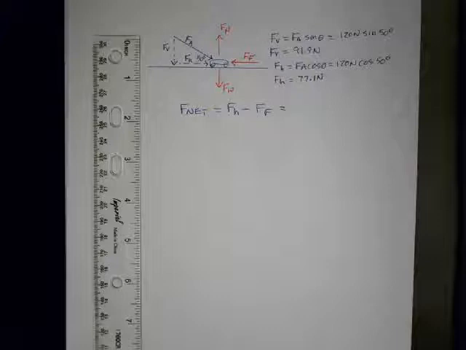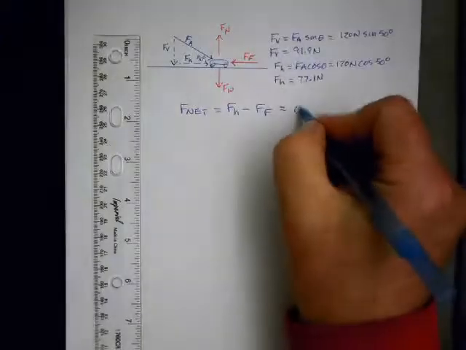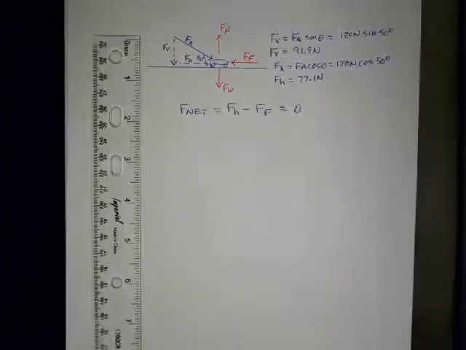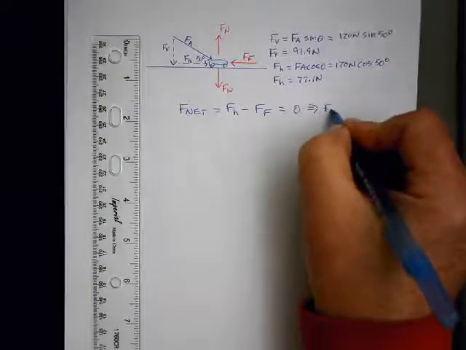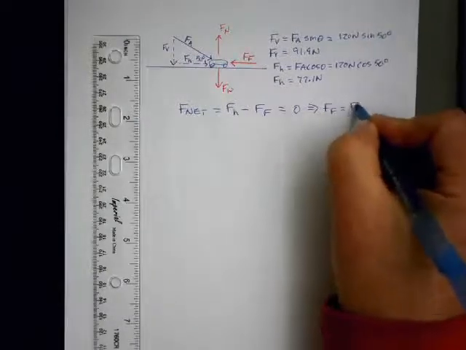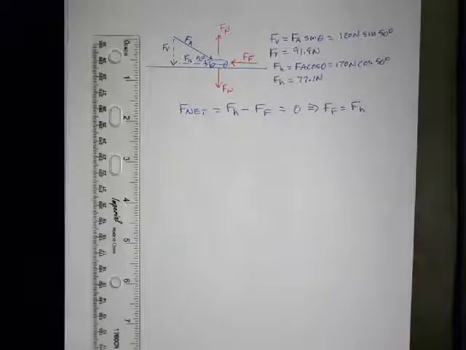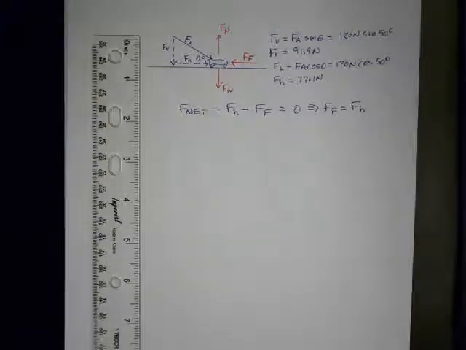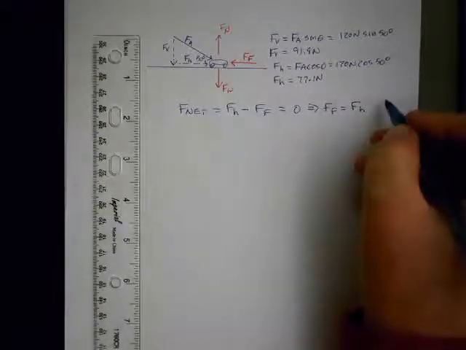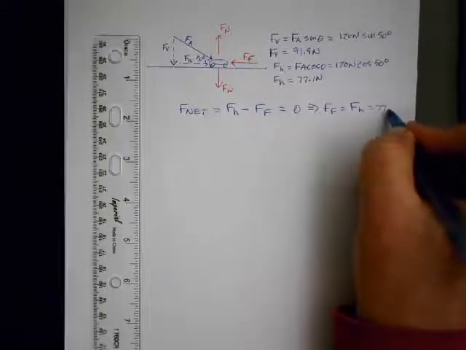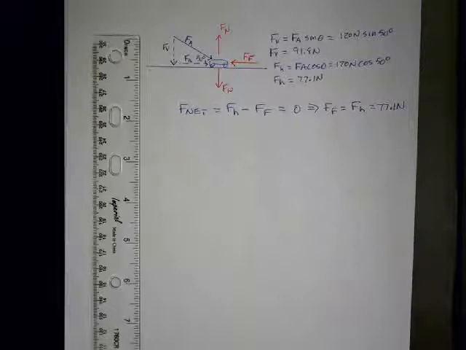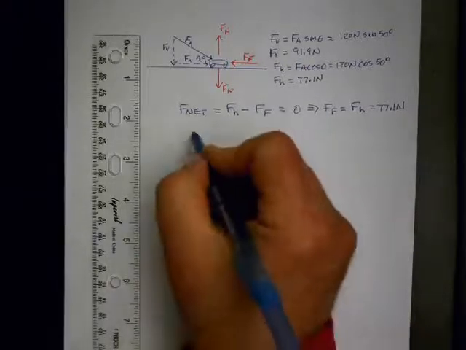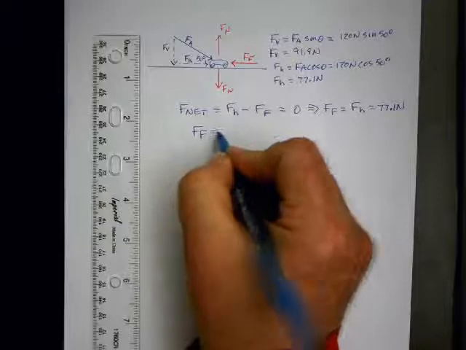So that has to be 0, which means, of course, that the frictional force has to equal that horizontal force. And again, we've got this.